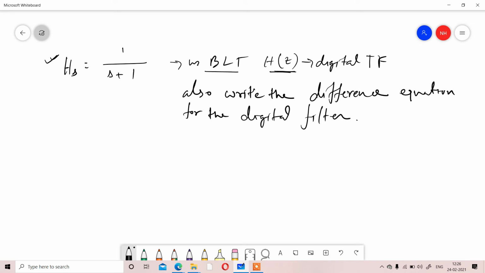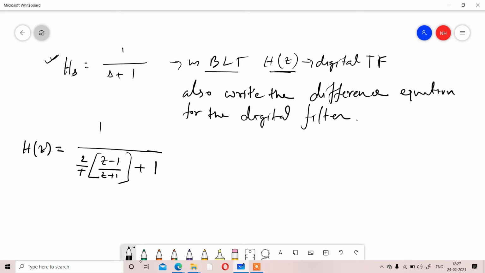So the process is very simple. You have to represent S by the equivalent Z function, that is H(Z) will be equal to 1 by 2 by T, (Z minus 1) by (Z plus 1), plus 1. So that will be the digital transfer function.